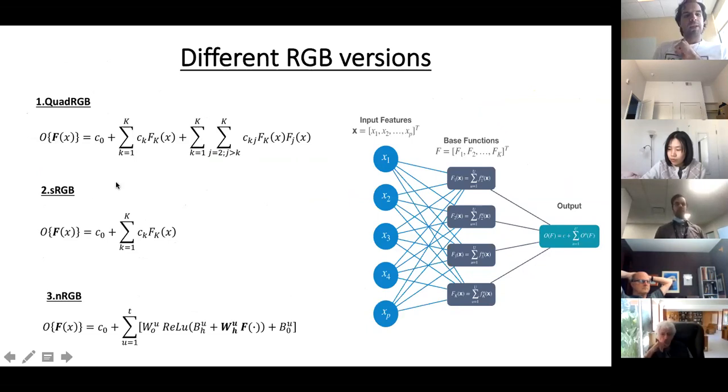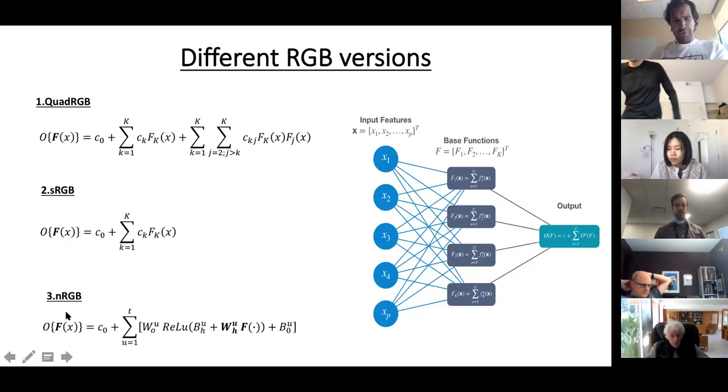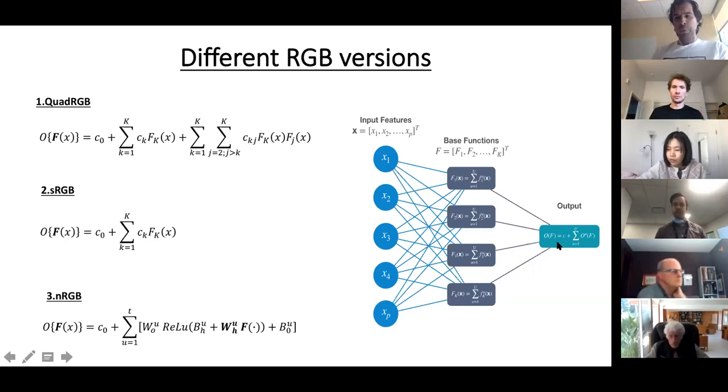The second one is a linear combination of the bases, and we're gonna use this one to compare to stacking, to say whether, if you grow them independently or together, you improve the model. And the final one is the more general version of the implementation, where essentially the output is a summation of ReLUs.